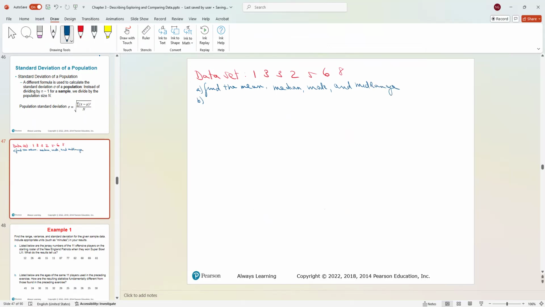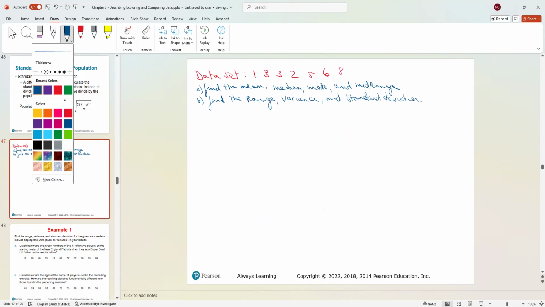B, find the range, variance, and standard deviation. Right? These two questions. Now, how can we proceed to answer these two questions? Let's do this. We're gonna answer them both.